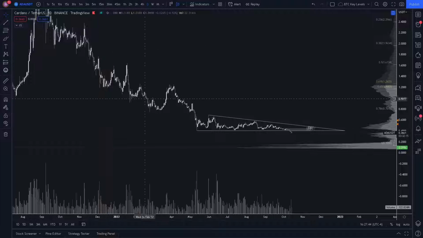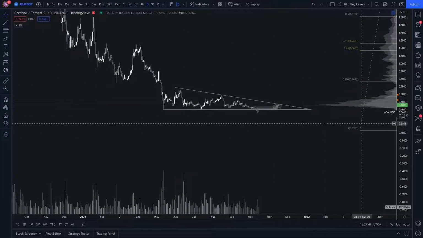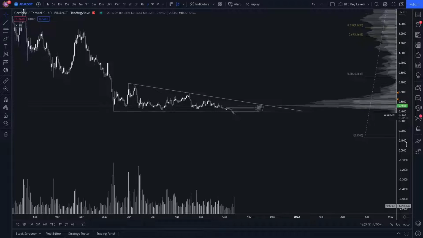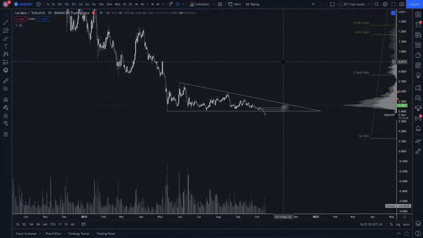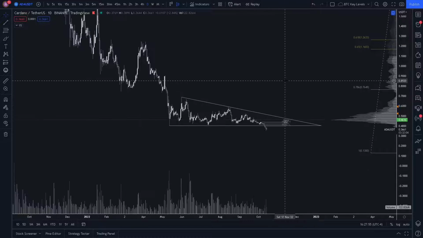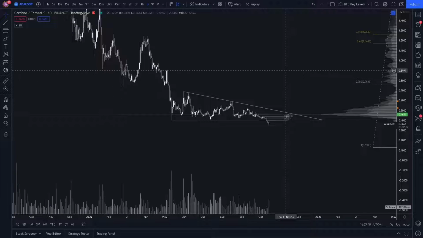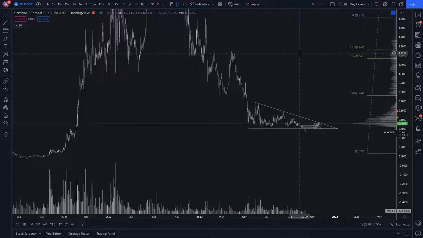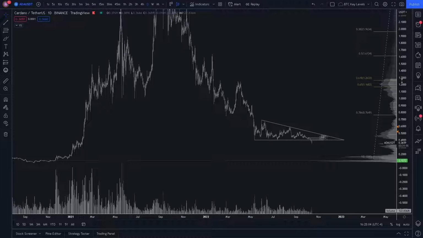It's just been literally just grinding down. So I'm not gonna go long on ADA until I see some sort of break of structure or confluence to really back up a smart trade on this token here.